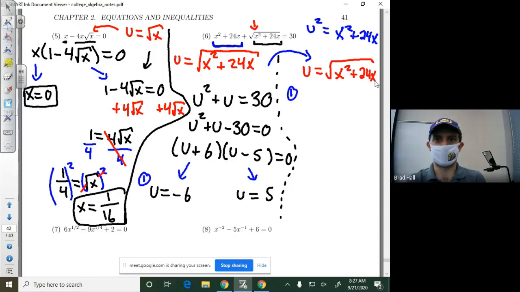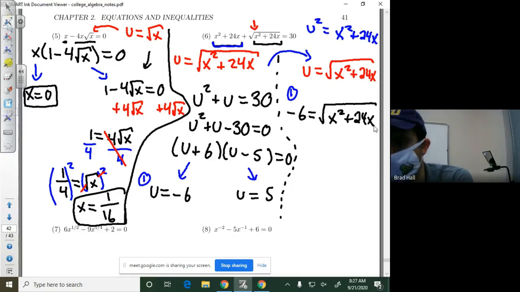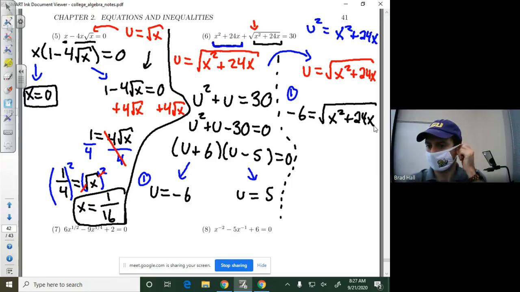So the first u we found was u is equal to -6. So let's go ahead and plug that in for u. So -6 is equal to the square root of x squared plus 24x. So this is when u is -6, and we'll talk about u is 5 in a bit. But I think I already know the answer for this first solution.